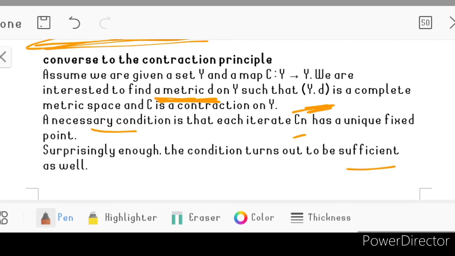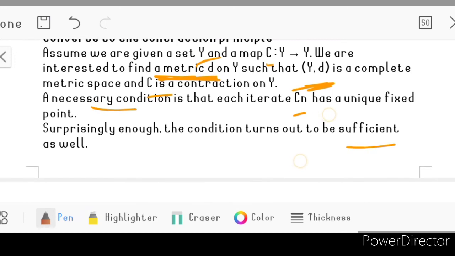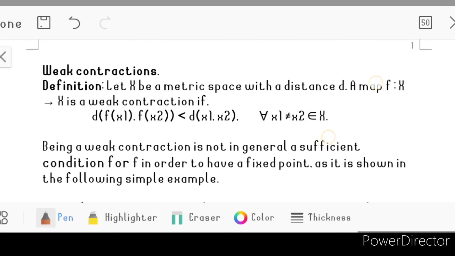And second, the self map should be a contraction on the space Y. So we need to keep in mind both of these conditions: first, that (Y, D) is a complete metric space, and secondly, our map should be a contraction on that space. In that way we have to find the metric D. So this is the converse to the contraction principle.